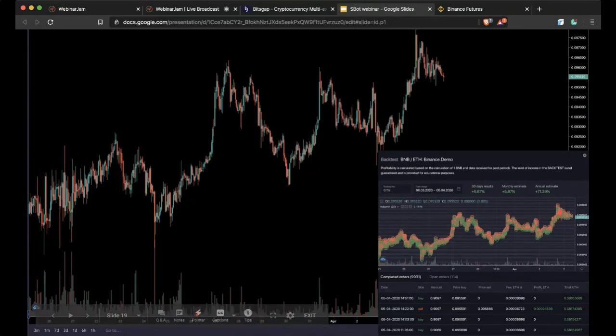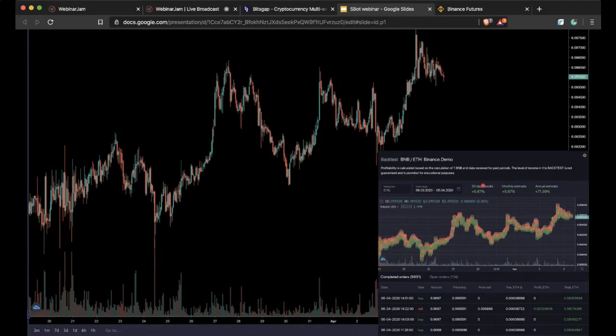So here you can see how the bot would trade for you on a specified date range. For this particular period, it would make 5.87% just from the profit generated by the bot.